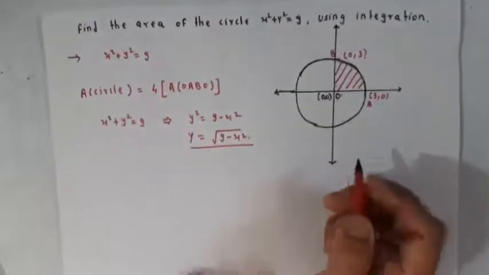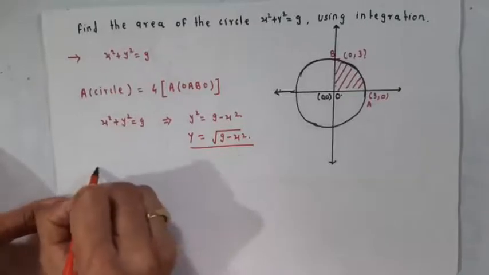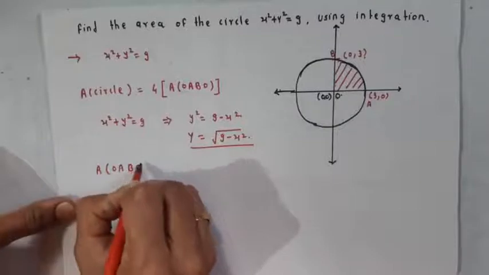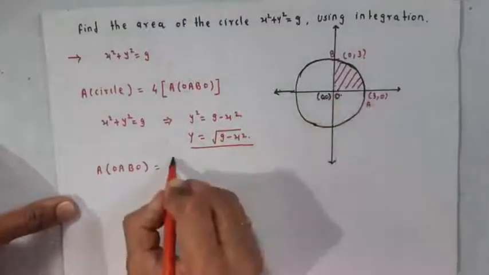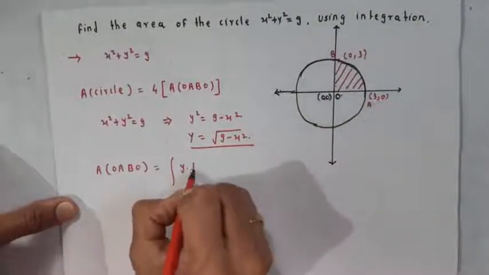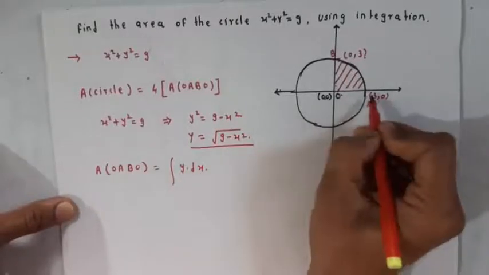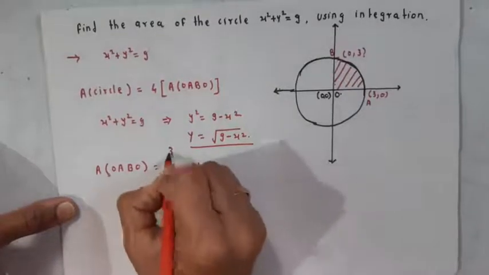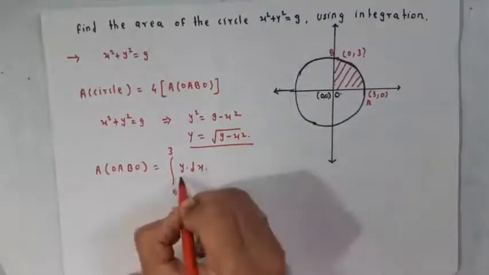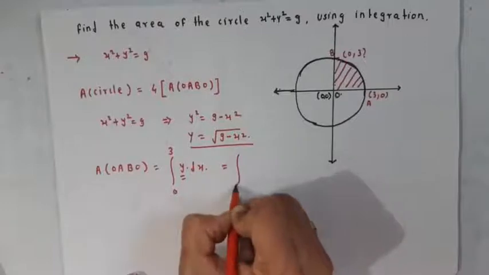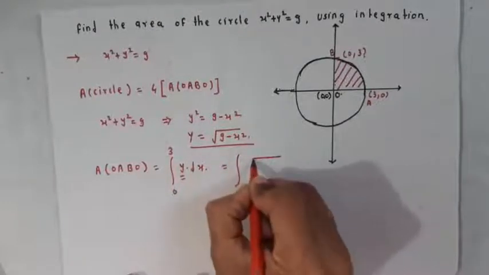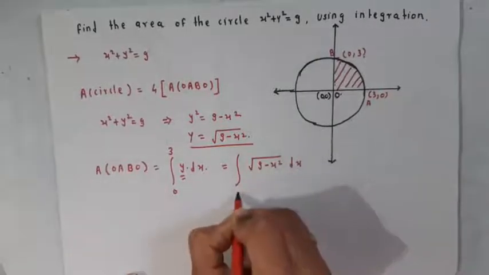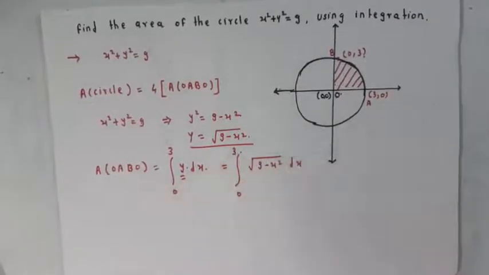So here the area OABO equals the area of the curve, y with respect to x, with limits of integration 0 to 3. Put the value of y here, that is square root of 9 minus x square with respect to x, limits of integration 0 to 3.